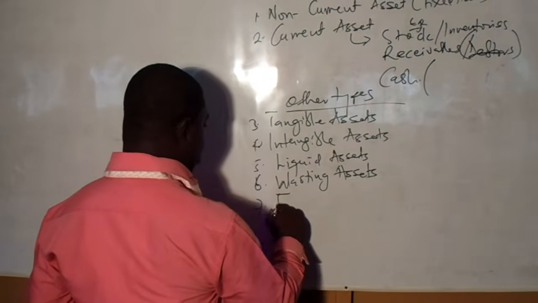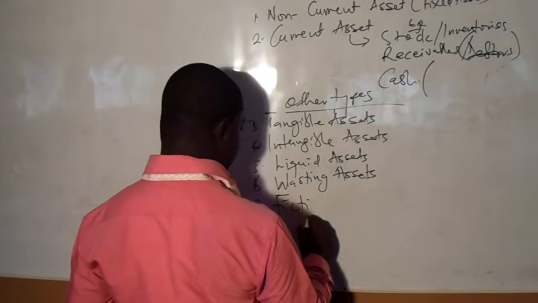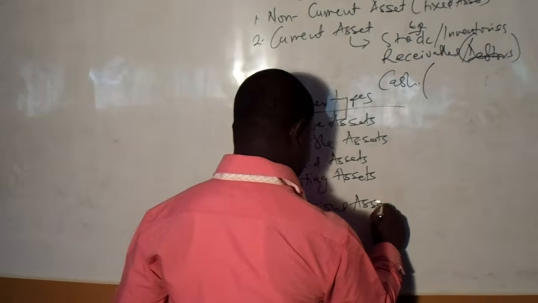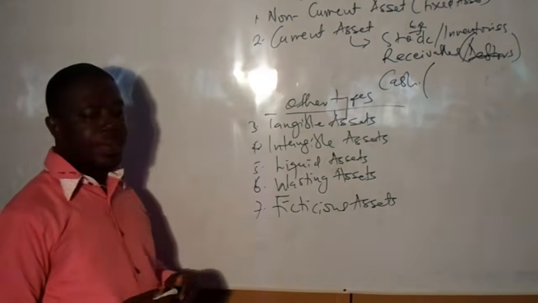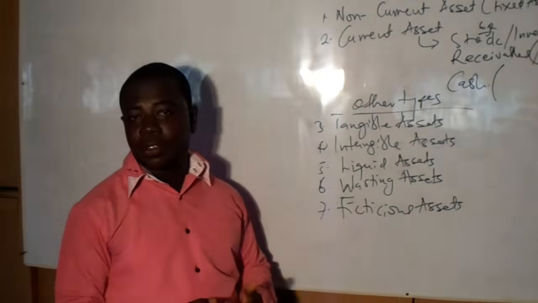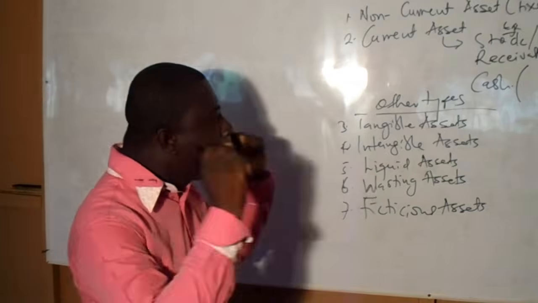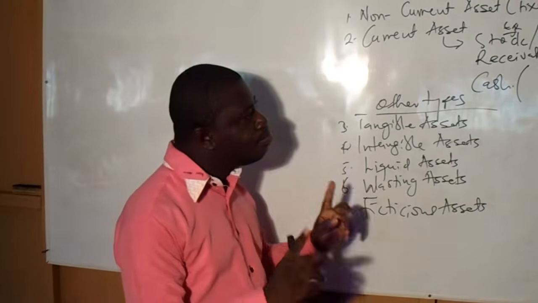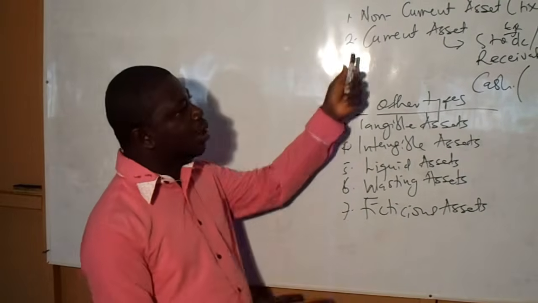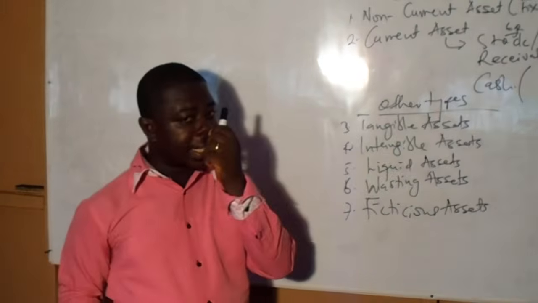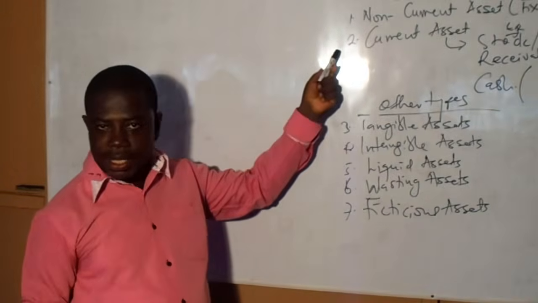And then we can also talk about fictitious assets. These are other types of assets that we can look at. But like I said earlier, the main broad classification is between the non-current assets and the current assets. All these other types of assets fall under these.